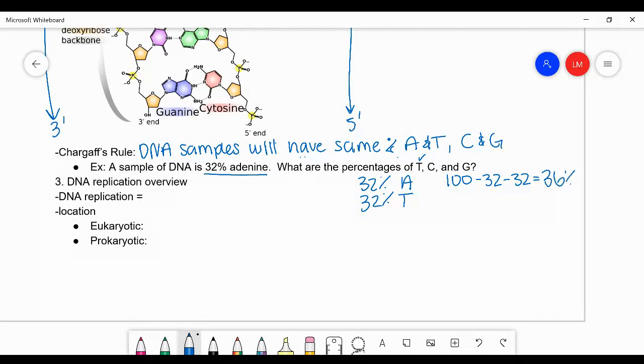So I know that's C and G. So then I do 36 divided by 2 to get 18. And then I know my sample is 18% C and 18% G.